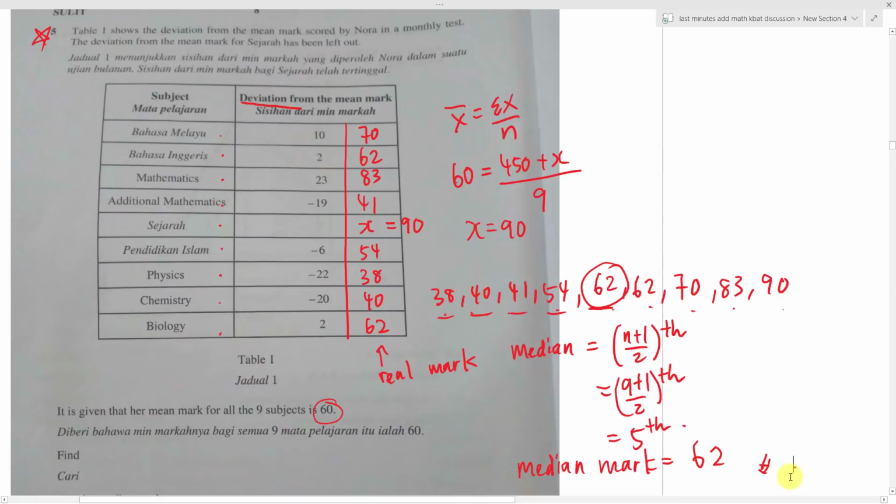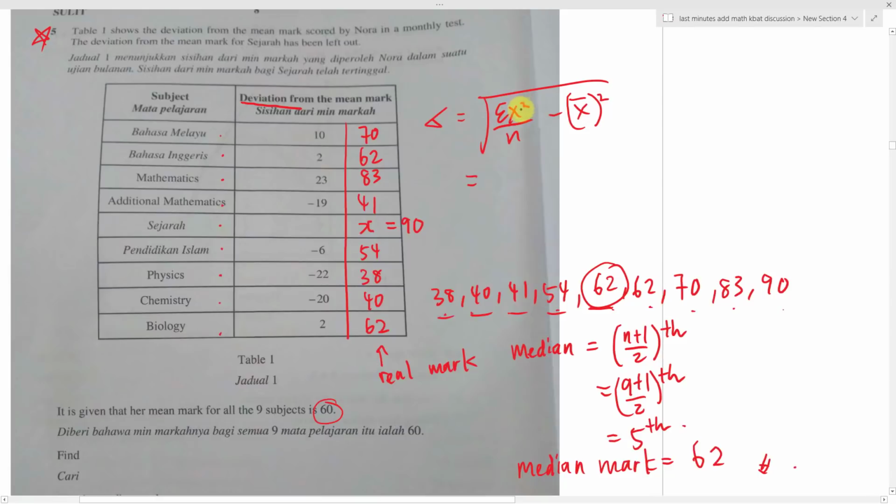Then we want to find the standard deviation. What's the standard deviation formula for ungrouped data? Basically it is the square root of the sum of x squared over n minus the mean squared. Or for the mean, you can change it to the sum of x over n, squared. Because we already have the mean, which is 60, I'm not going to recalculate it.